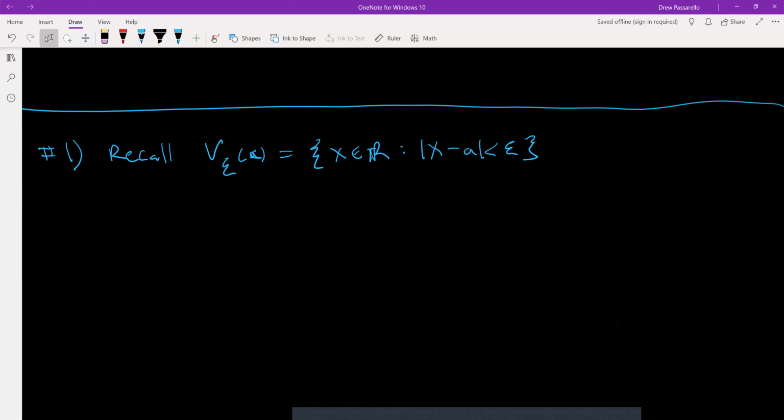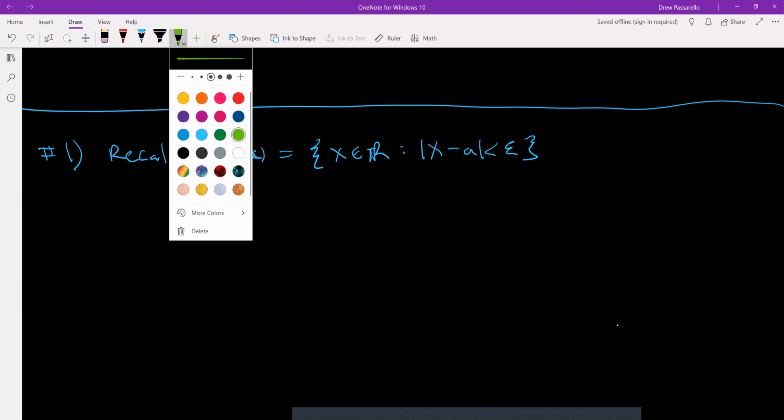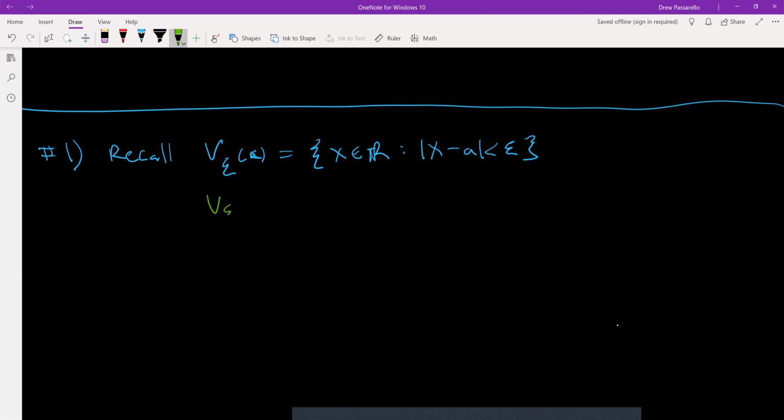And our delta neighborhood around the same center a is the set of x in the reals such that the absolute value of x minus a is less than delta.